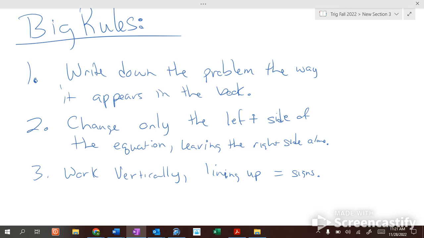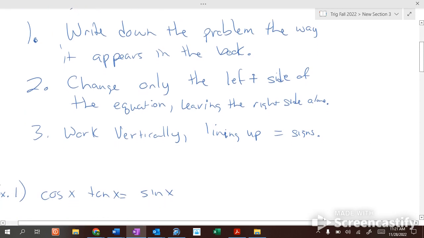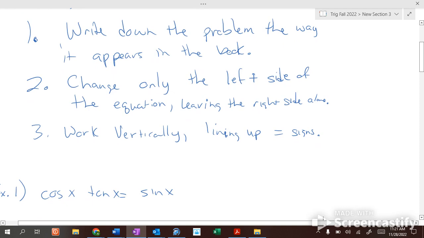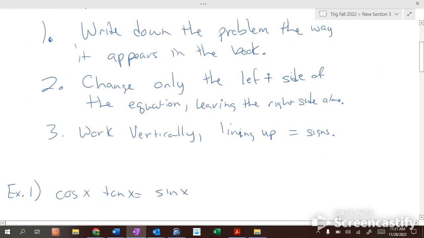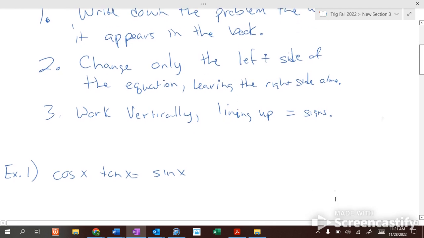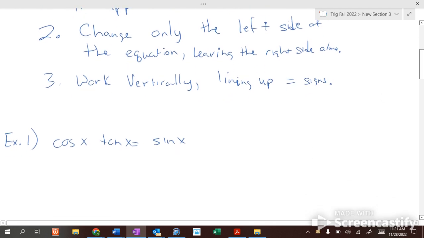Okay. So now that you have the big rules all written down, we're going to look at some examples. Example number 1. Let's say the cosine of x times tangent of x equals the sine of x.